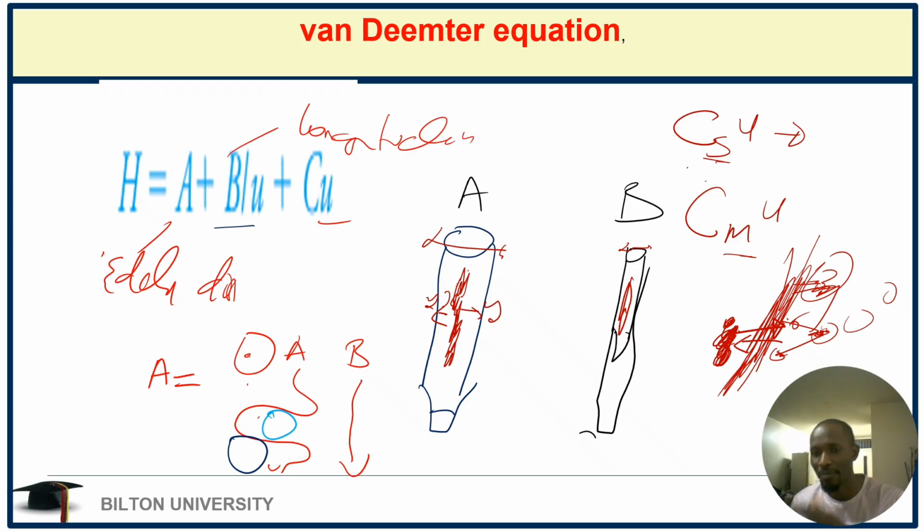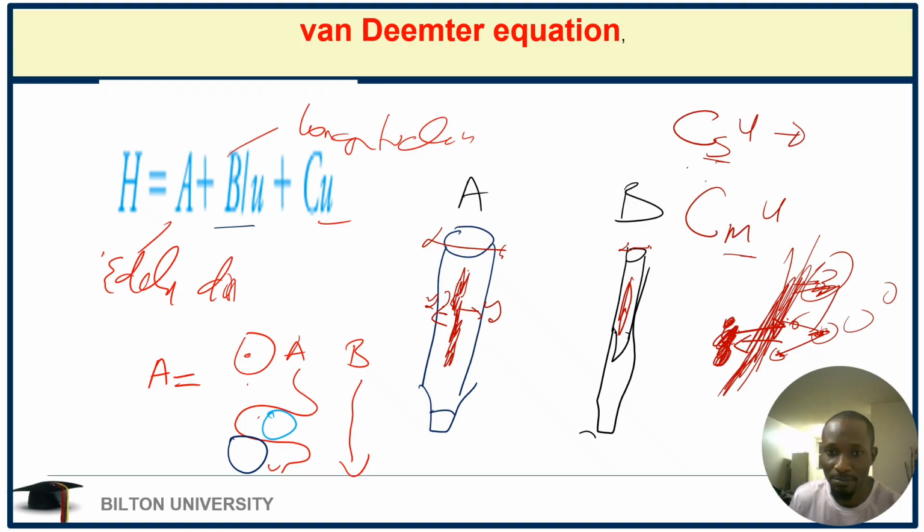So during that mass transfer of the solute within the mobile phase from one pool to another, if you have many pools within the same column, then you find that your solute is going to spend a lot of time within the column before it gets separated, and through that you can have low column efficiency.